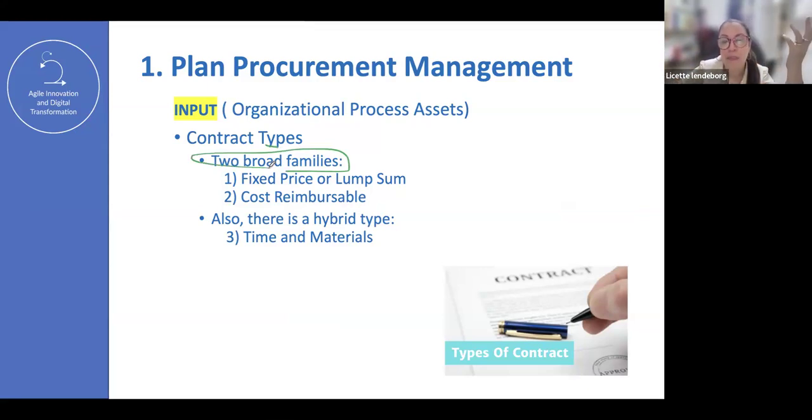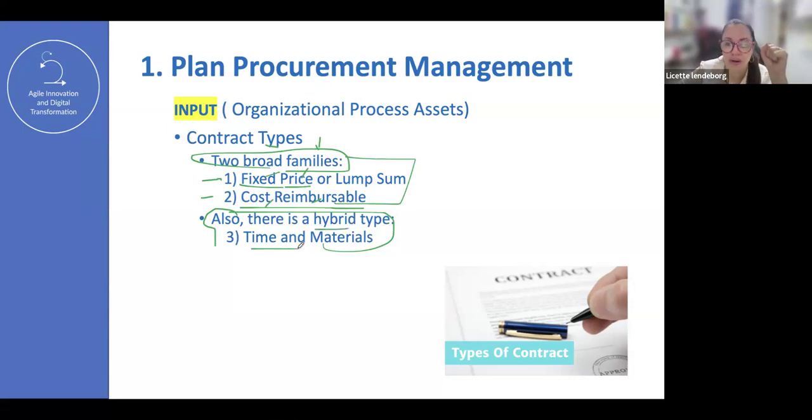But they say in the book, the Bible, that we have a couple of families of contracts. One family is fixed price, and the other family is cost reimbursable. There's another one that is not as relevant, because for the exam we need to study those two really well: fixed price or cost reimbursable. And number three is the hybrid, the name is time and material.